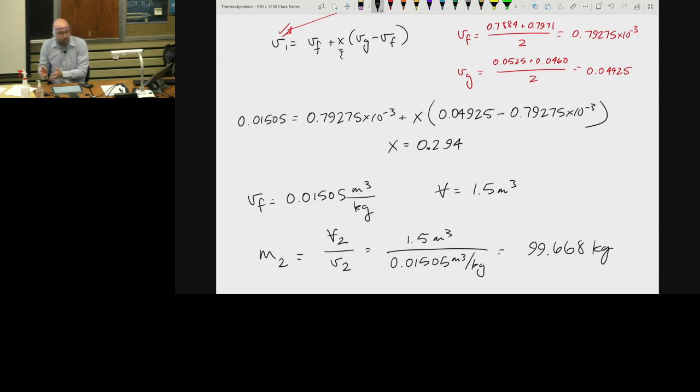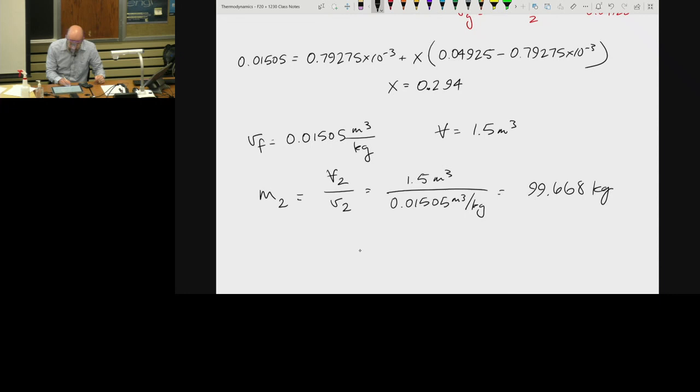And now, if that's the total amount, I'm looking for only 29% of that. So I take 0.294, and I find out that the mass of the vapor at state 1 is going to be equal to 29.30 kilograms.